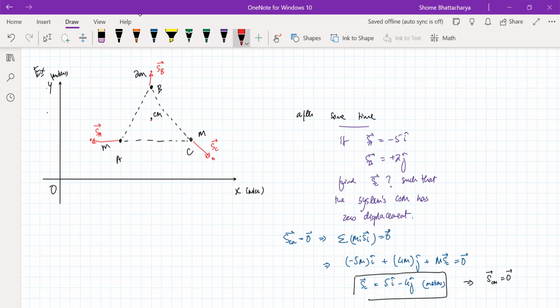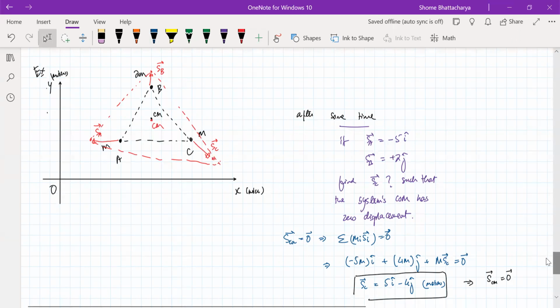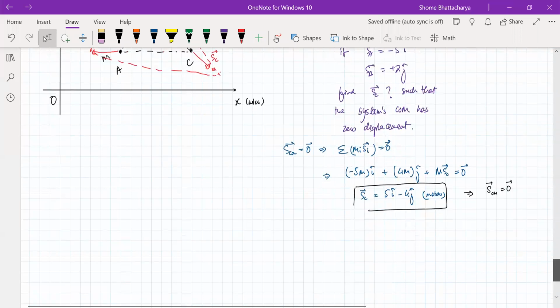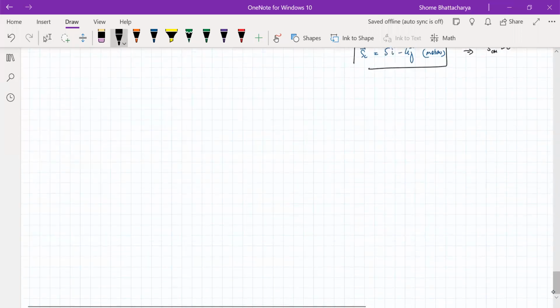This will have to move somewhere here so that the new triangle that we get still has the center of mass at the same location. So this shows us that particular situation where even though the individual particles of a system are moving, the center of mass does not have any net motion.